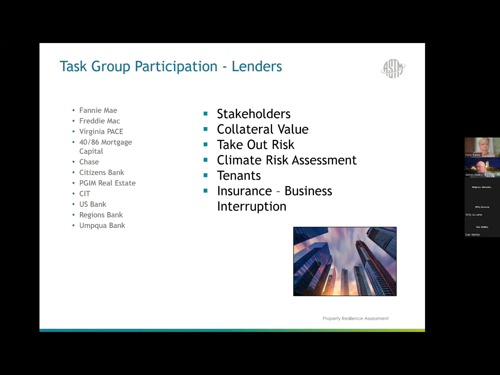We also had some of the folks listed here, the lending institutions. Another topic is that it's pretty much standard to get an appraisal on a commercial real estate loan. And so another question that people are asking is, can we pull climate risk into the appraisal, or do we even want to?